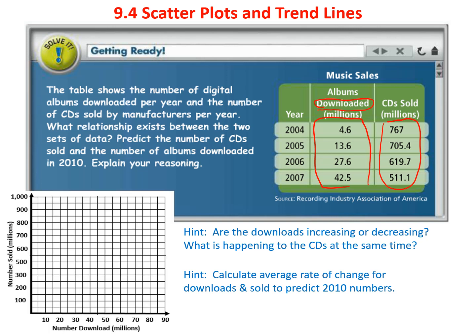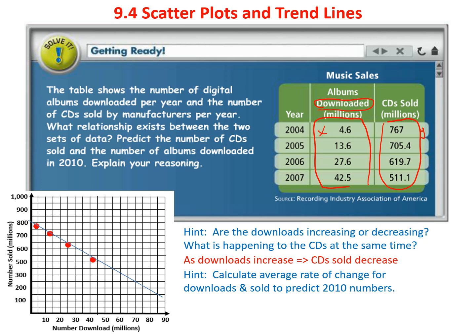Okay, so let me draw a graph. I'm going to make a scatter plot, where I'm going to let X be the albums being downloaded, and Y be the CDs in the different years, and see how they compare. As I graph them, I get these points here.